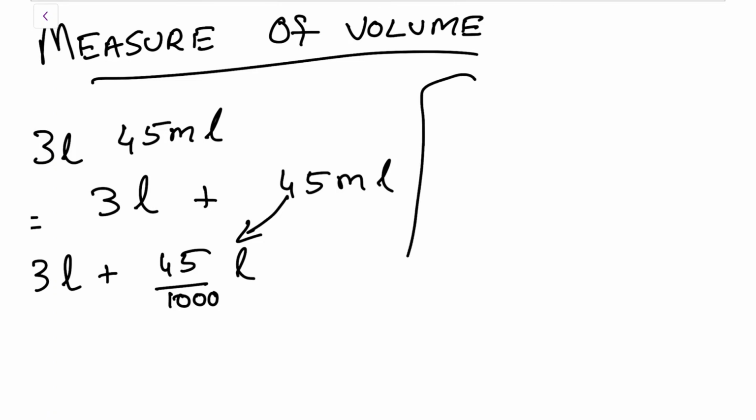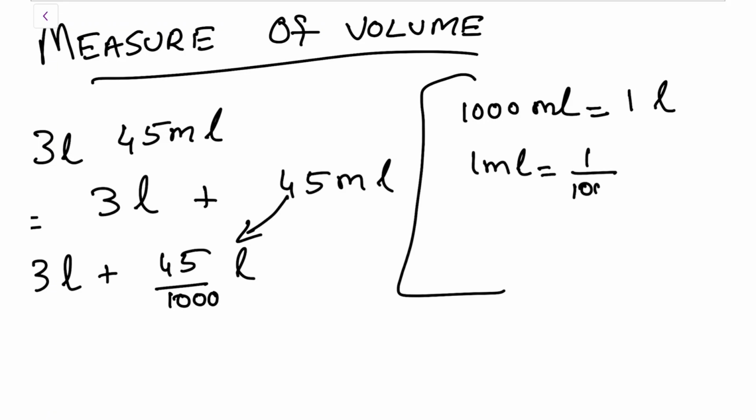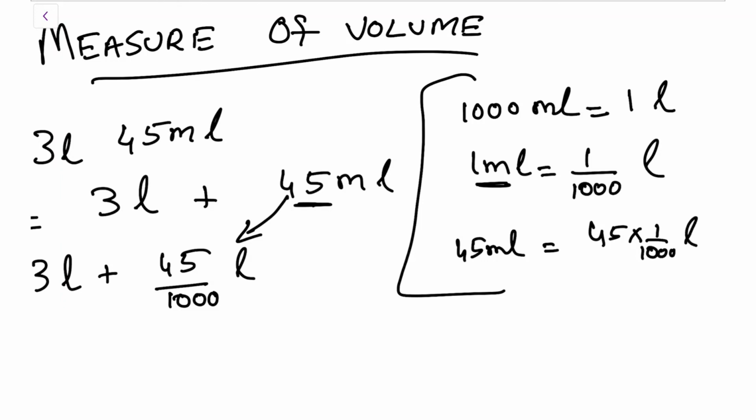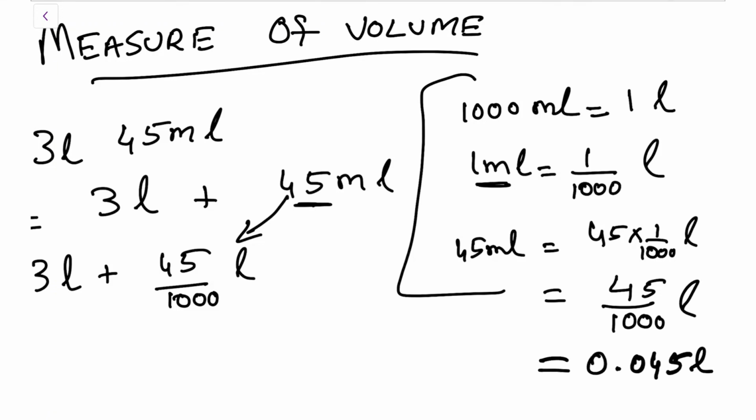The same conversion of 1000 ml. Milliliters makes 1 liter, we know that, right? So 1 milliliter is nothing but 1 by 1000 liters, but we don't need 1 milliliter, we need 45 milliliters. So 45 milliliters will be 45 into 1 by 1000 liters, that is nothing but 45 by 1000 liters, that is nothing but 0.045 liters.